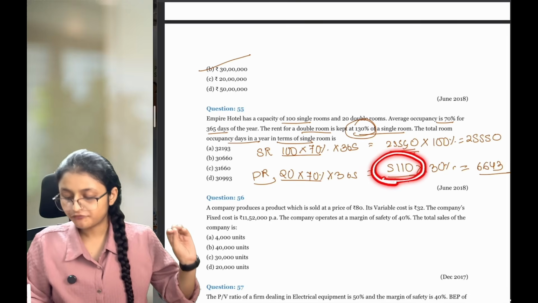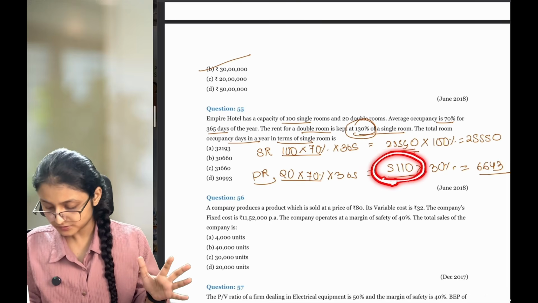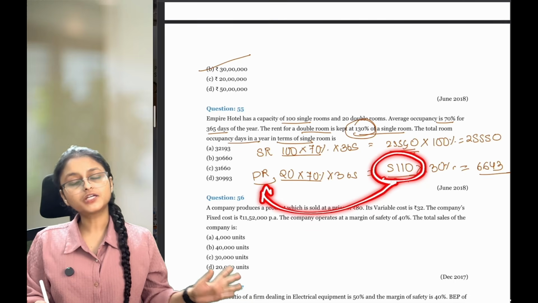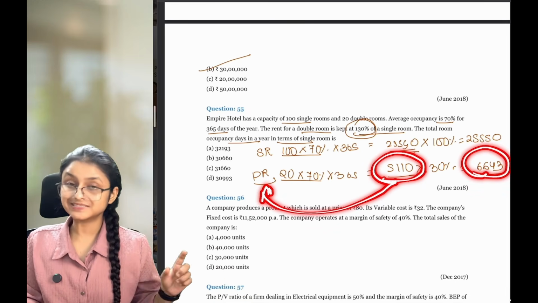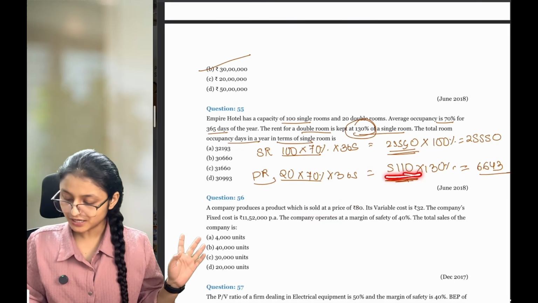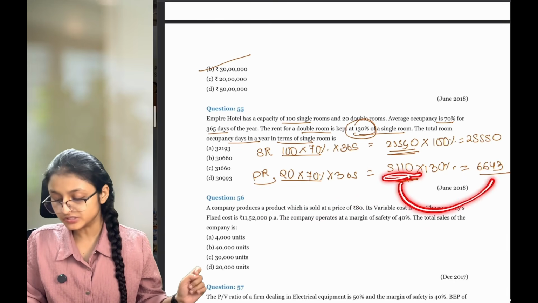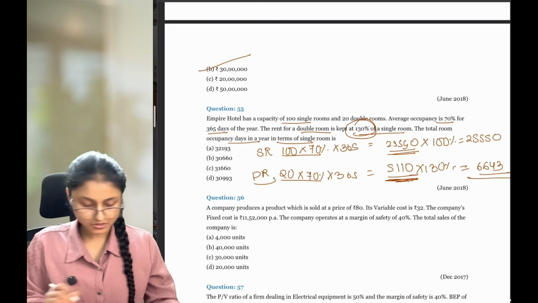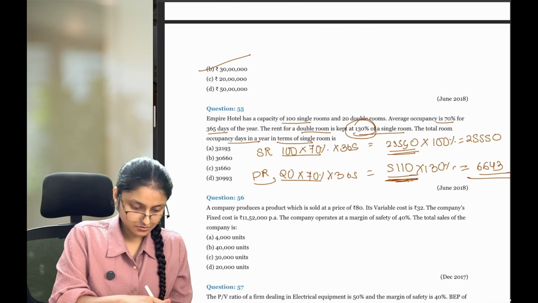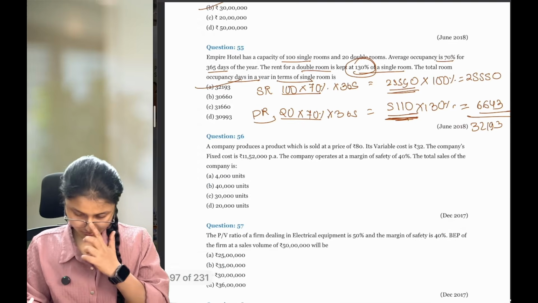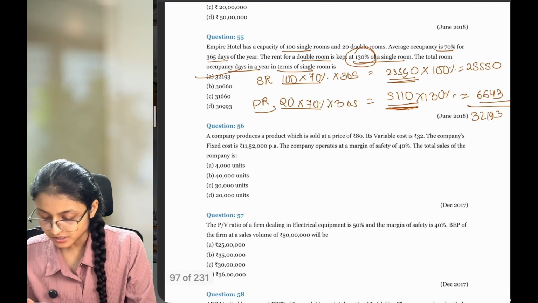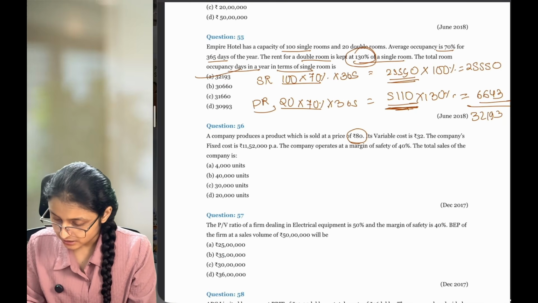It means that if you are having 5110 rooms of double room, whatever rent you are going to earn, the exact same rent can be earned from 6643 single rooms. So we have converted this 5110 double rooms into single rooms. Okay? So the total number of single rooms is 32193.